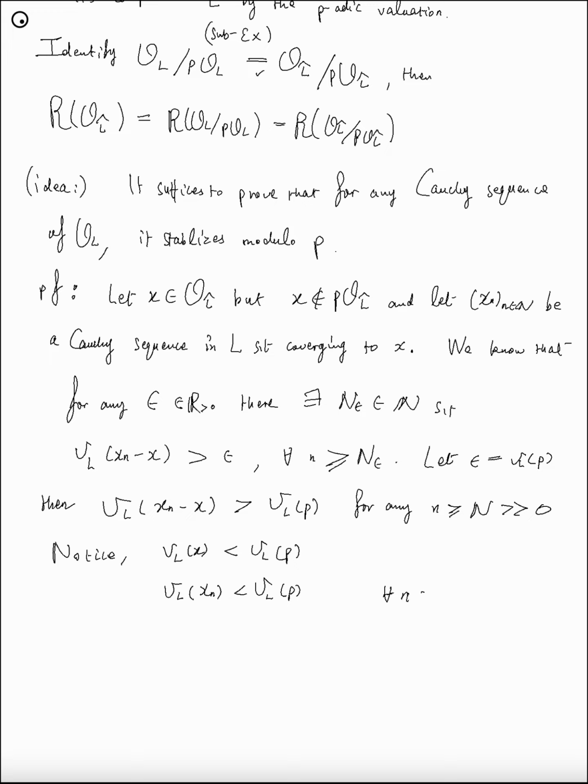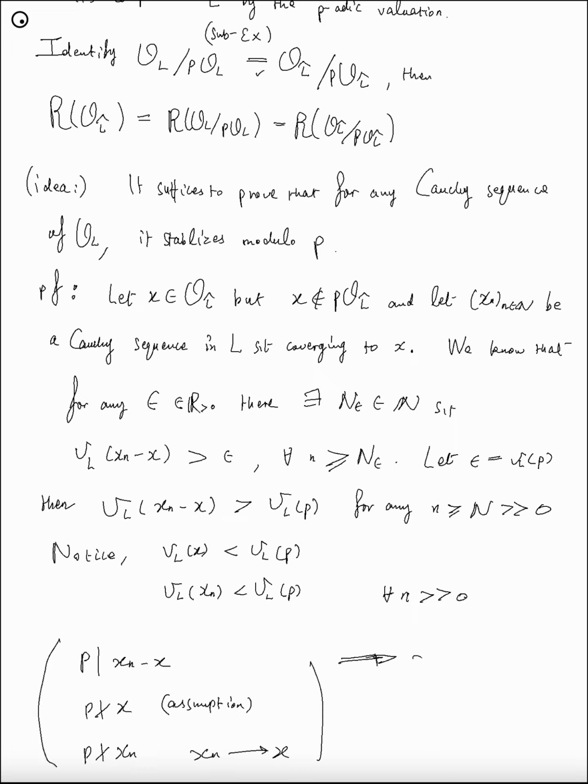What I'm saying is that p does not divide x, by assumption, and p doesn't divide x_n, because x_n is close to x when n is big enough, and this should imply that x is congruent to x_n starting from some big enough index, and all those x_n are already in O_L.